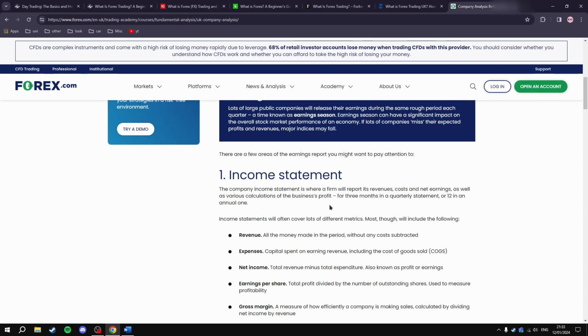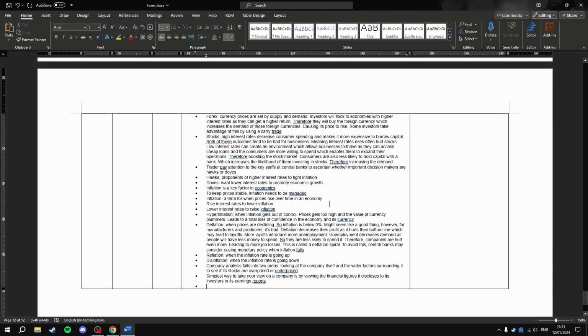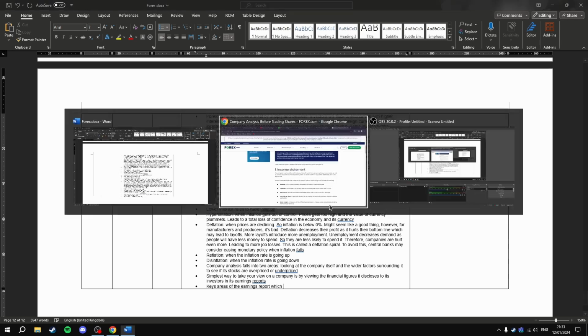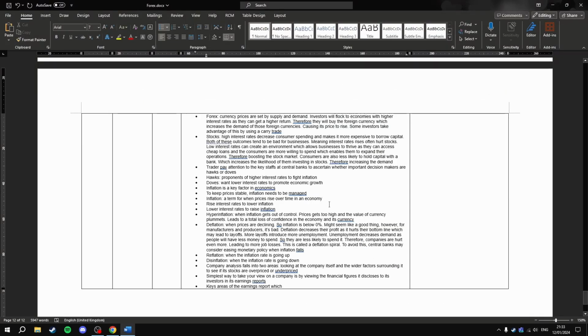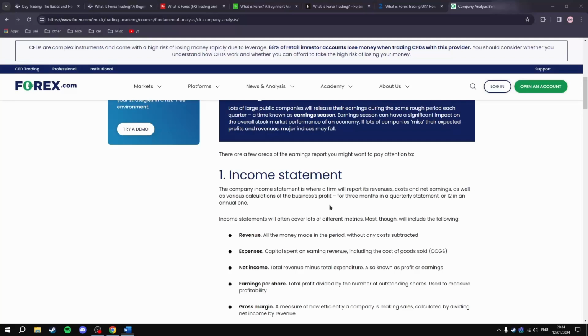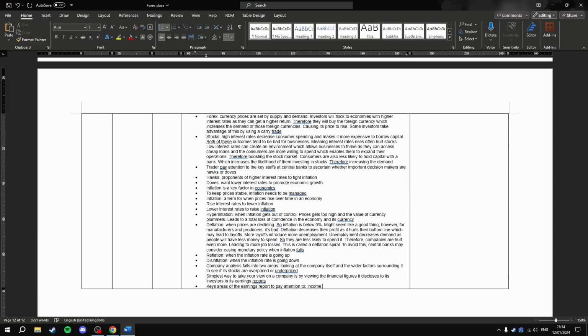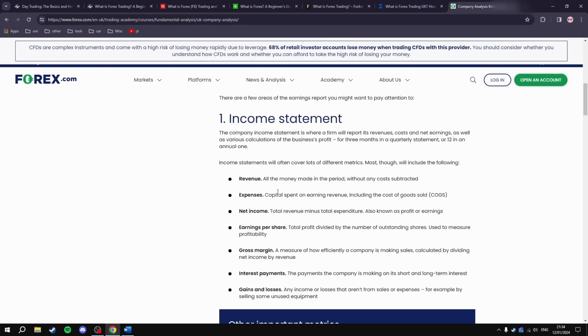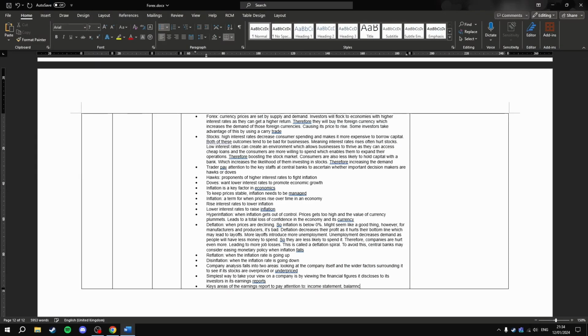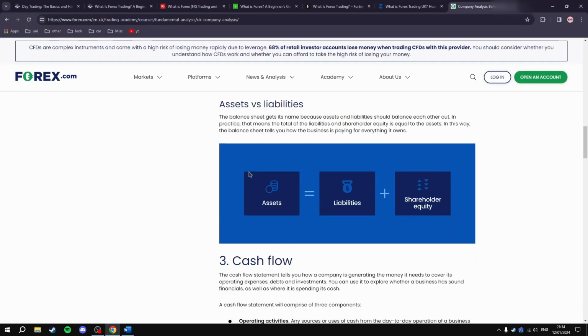So, a few key areas of the earnings report you may want to pay attention to: income statement, balance sheet, cash flow.